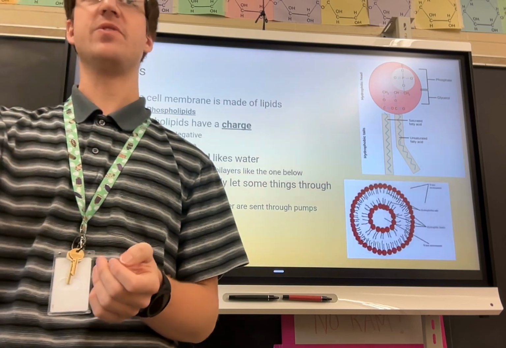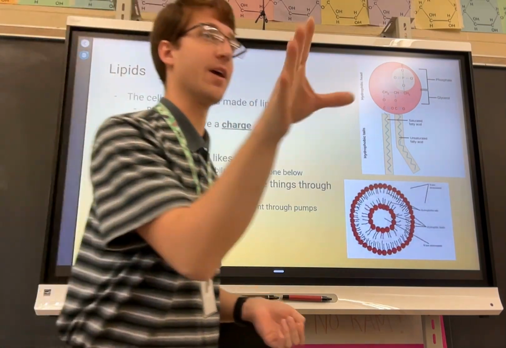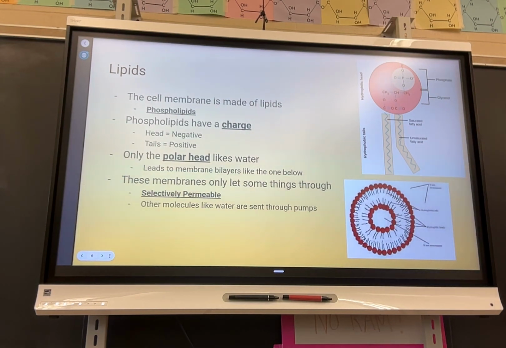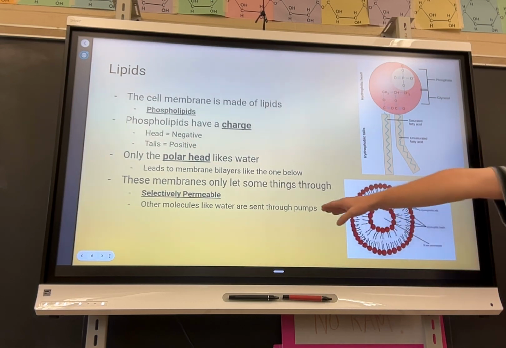I'm going to pick on the side that chose both too, so it's not like I'm just picking on one side. Does anybody want to share why they think it's going to be liquid? Because water is let through. So water is going to only be let through pumps.